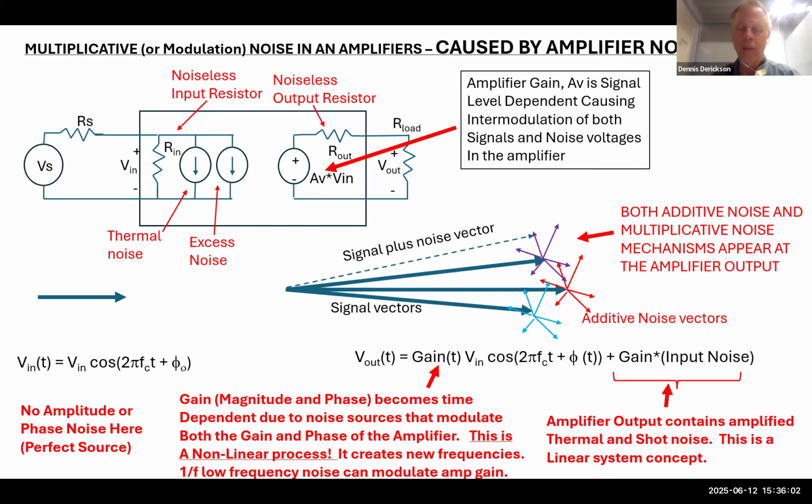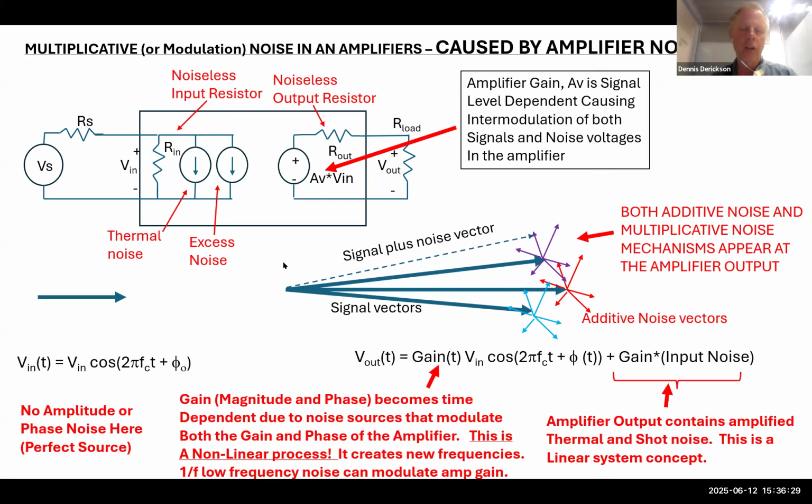Here I show over time, the gain of the amplifier can change its magnitude and change its phase. And onto that, we also have additive noise. So the nonlinearity is what causes this 1/f noise to get modulated onto the carrier, and we have gain noise in addition to the additive noise.